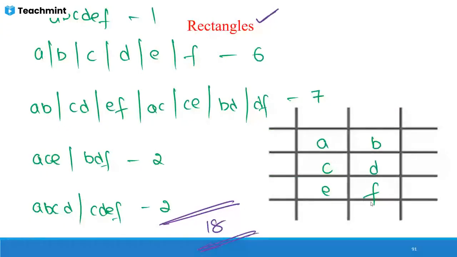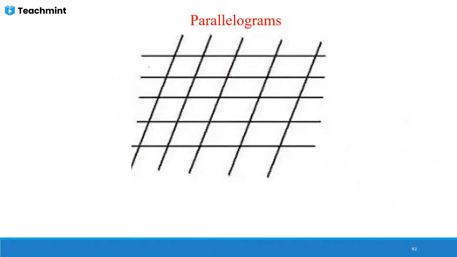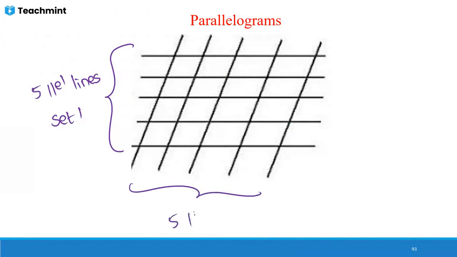I hope you understand. Now, similarly, for the parallelogram, my dear friends, see here: five parallel lines in set 1, and here I have five parallel lines in set 2.